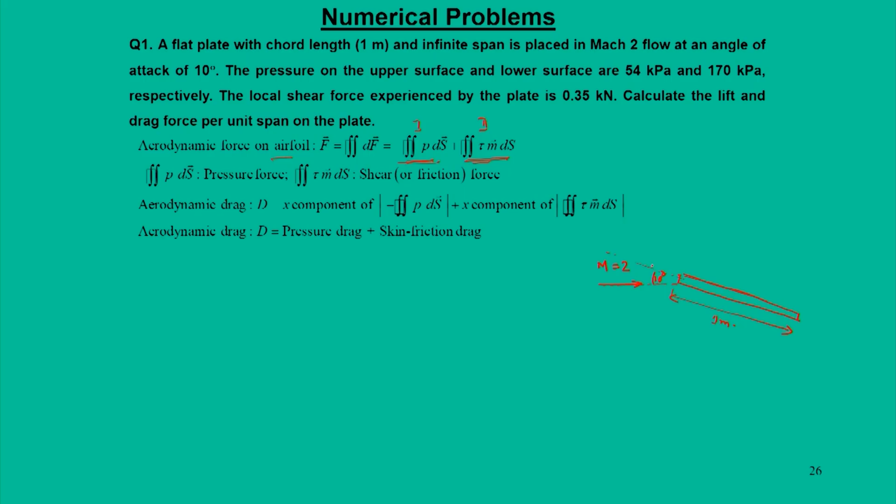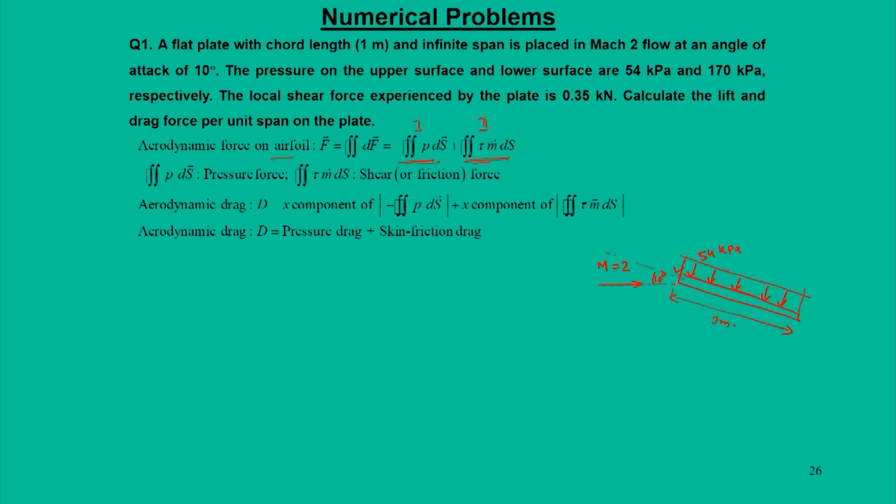The pressures on the upper surface and lower surface are given. The upper surface experiences uniform pressure since it is a flat plate, so each point experiences the same pressure force. In this case it is given as 54 kilopascal.